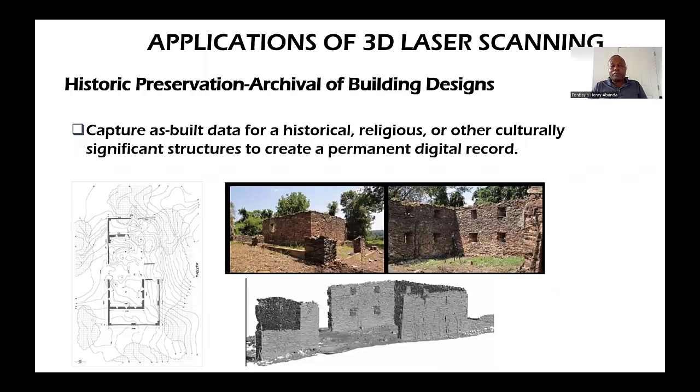We can also scan historic buildings that have been there for ages, especially if it was designed long ago, and most of the time you don't have the drawings. And if the drawings even exist, they will hardly match what is in reality or what the physical building is all about. So laser scanners can be used for capturing historic buildings.